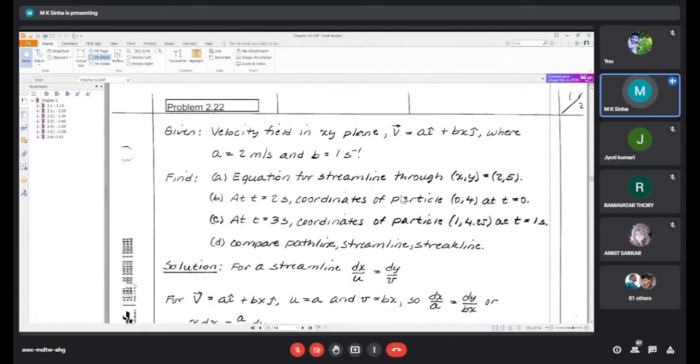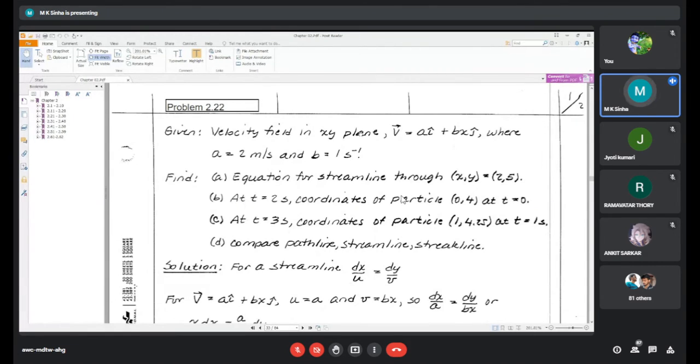So data are given: a i plus b x j. Constants are given. Again, I am reading. Coordinates are measured in meters. Obtain the equation for the streamline passing through the point (2, 5) at t equal to 2 seconds.